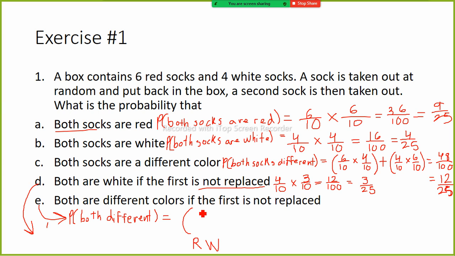What's the probability of getting a red sock? Okay, so there would be like 6 over 10. 6 over 10, very good. Now, what's the probability of getting a white sock? 4 over 10? Yes, sir, 4 over 10.